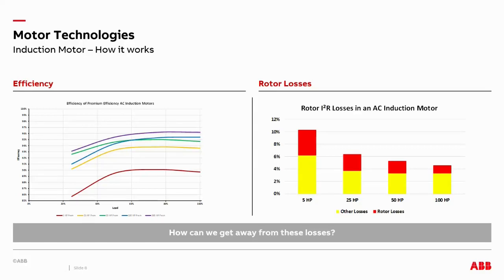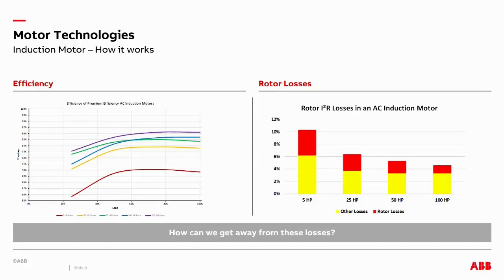So some of the losses that we see: magnetic core losses, which would be seen in hysteresis or eddy currents. Windage and friction. Running the motor cooling fan gives us our windage, and bearing friction can also slow down some of our efficiencies.